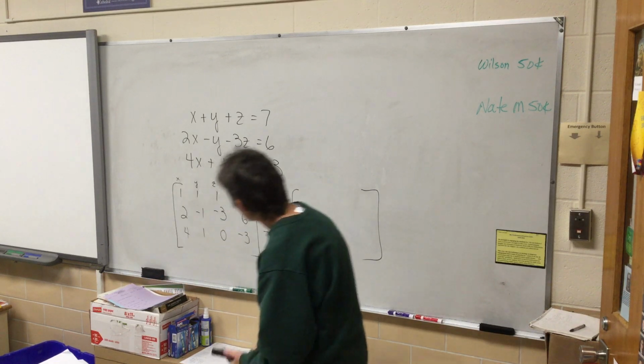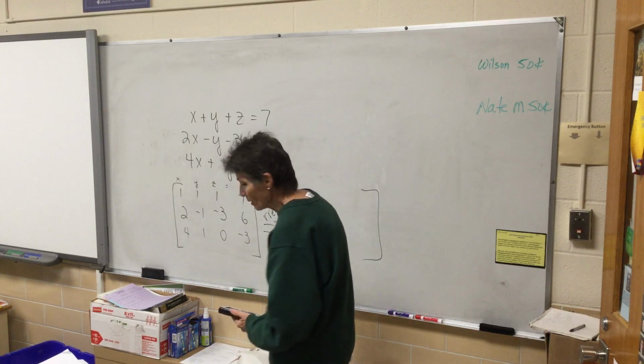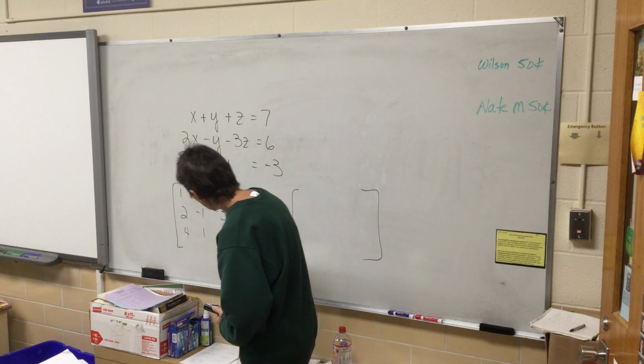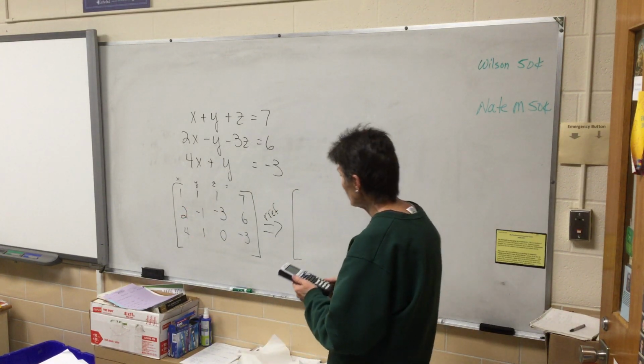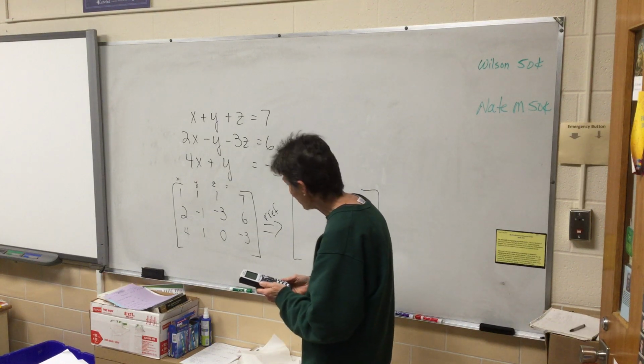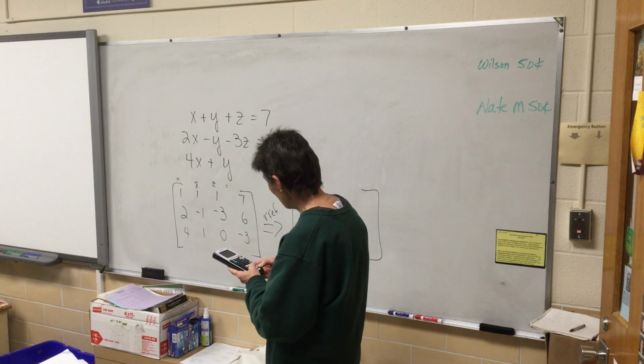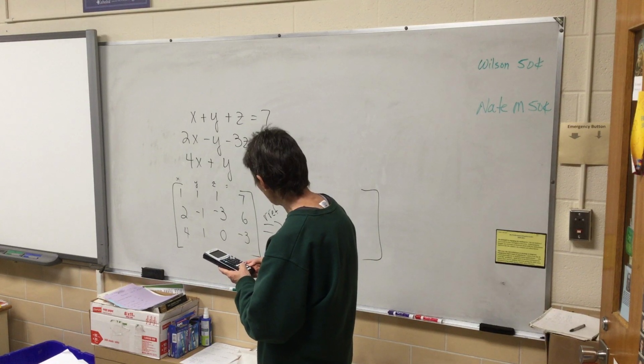Okay? Now, I'm ready to put them in. So I'm just going to start typing in these numbers, being very, very careful to put them in exactly the right spot and include the negatives and all that. So go ahead and put them in. Is there anybody who doesn't know how to get these numbers into your calculator?